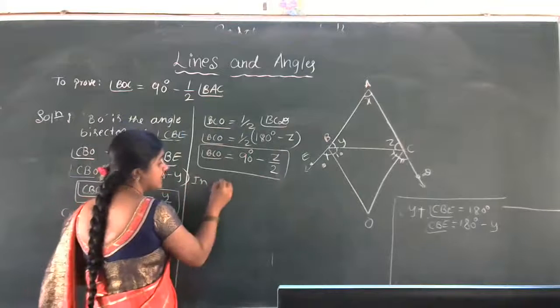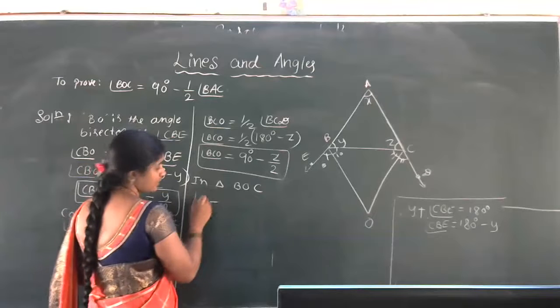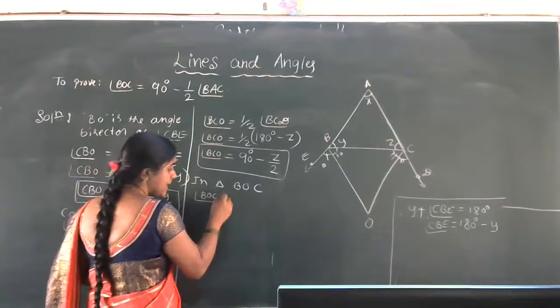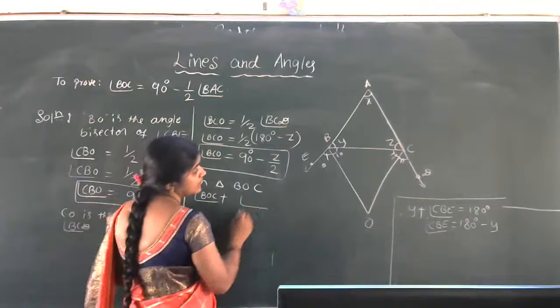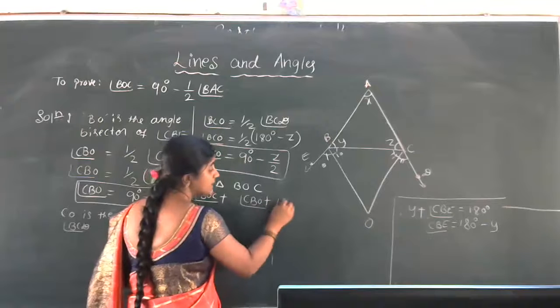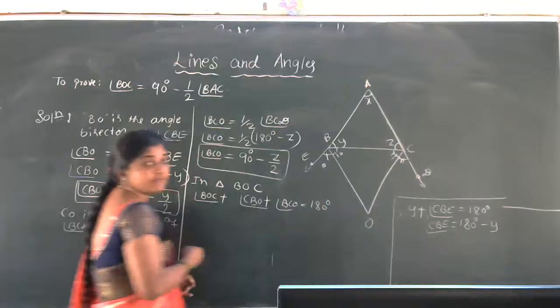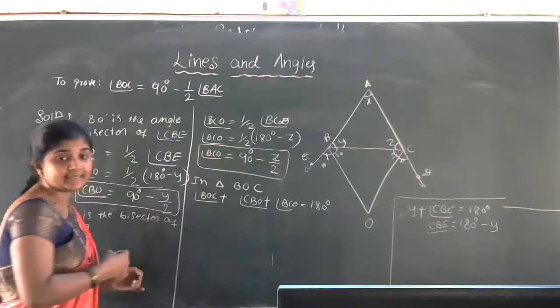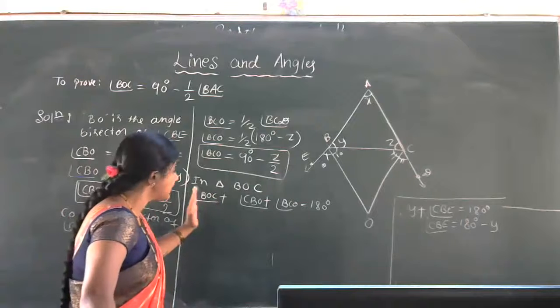In triangle BOC, angle BOC plus angle CBO plus angle BCO is equal to 180 degrees.